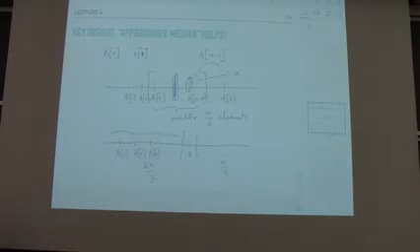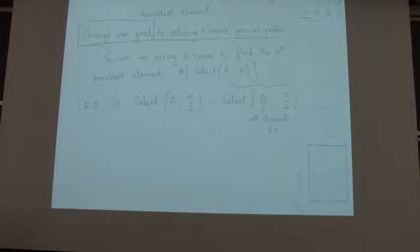Let me write the recurrence and then I will wait so that you guys get this. So I claim that T of n now is T of 2n by 3 plus O of n.